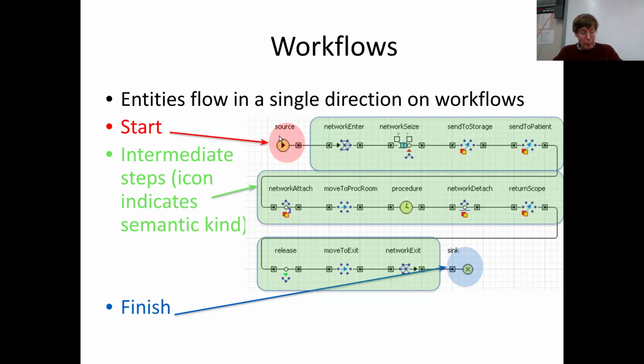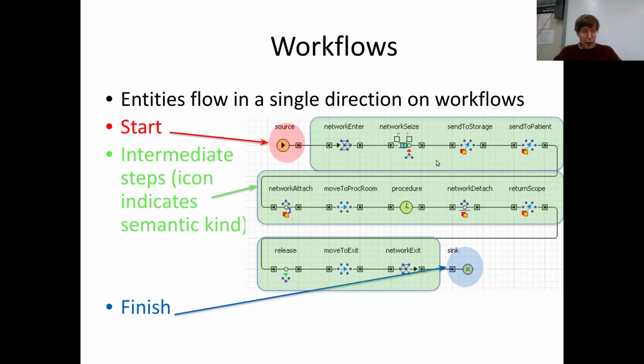With the source, you could specify a distribution or a certain rate at which entities come in, an inter-arrival time. By contrast, others, for example agents in an agent-based model, can enroll themselves. And indeed, that's a key nexus within hybrid of DES and agent-based modeling.